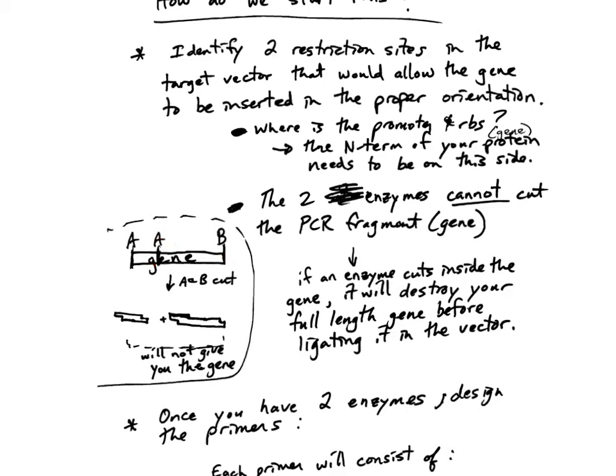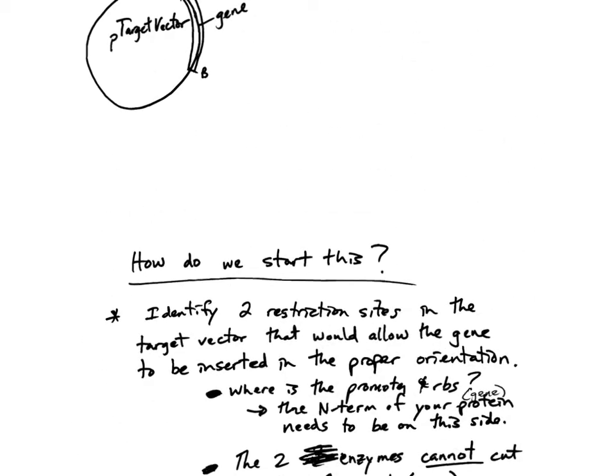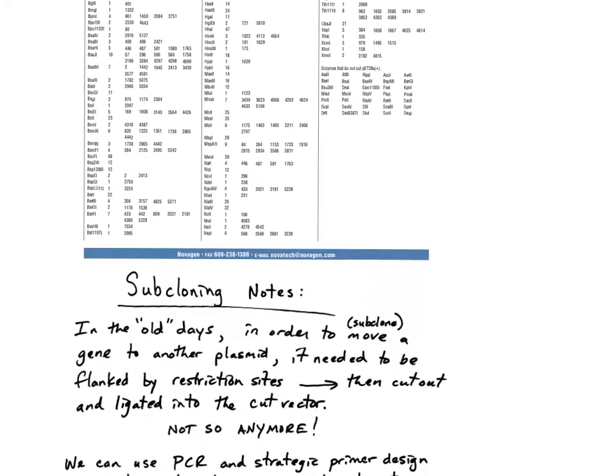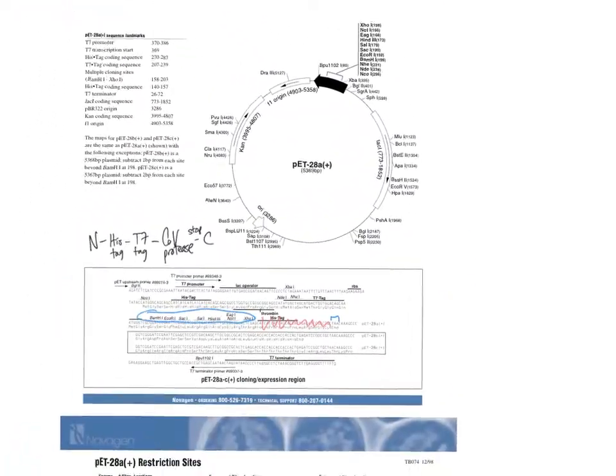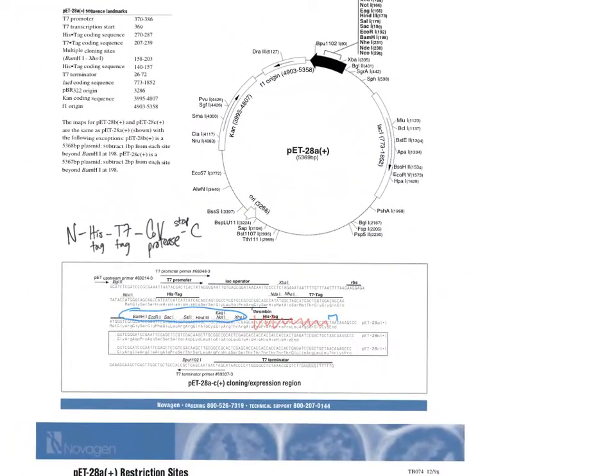So job one, in all honesty, coming back to these restriction maps, is to go through and do a quick restriction enzyme analysis. You don't even need a program for this. You can just Google restriction enzyme analysis.